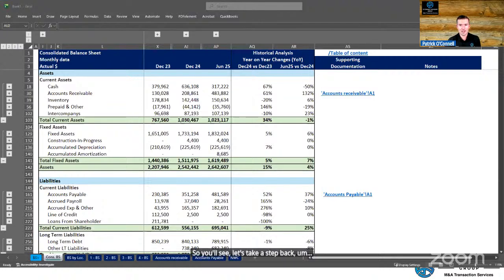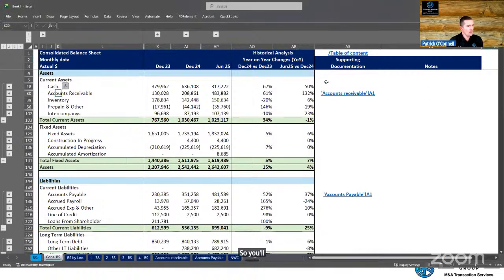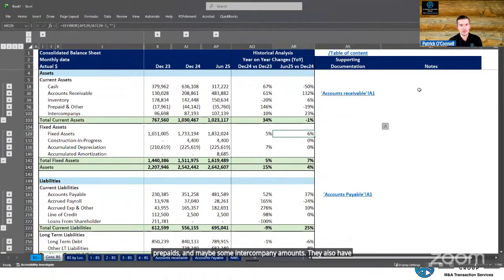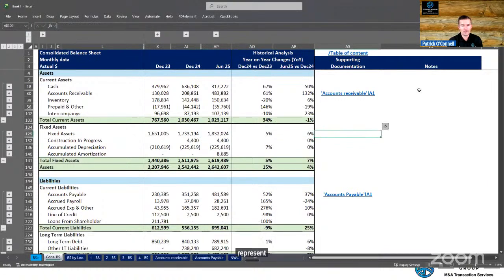The first thing I like to do with the balance sheet is understand what the components are. You'll see they have things like AR, inventory, prepaids, and maybe some intercompany amounts. They also have fixed assets. Fixed assets represent 1.6 of the 2.6 million of the total assets, so it's a material amount.